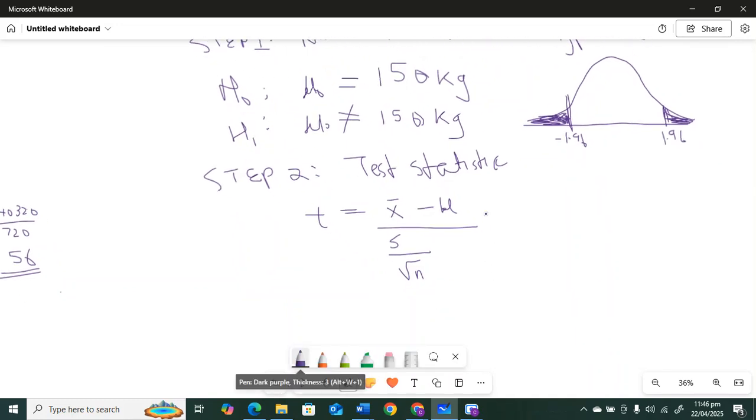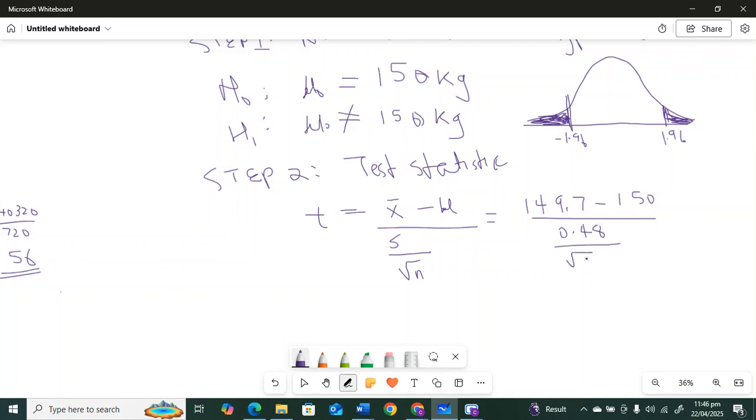So the mean weight is 149.7 minus 150, divided by our standard deviation, which was 0.48, divided by the square root of the sample size, which is 8.